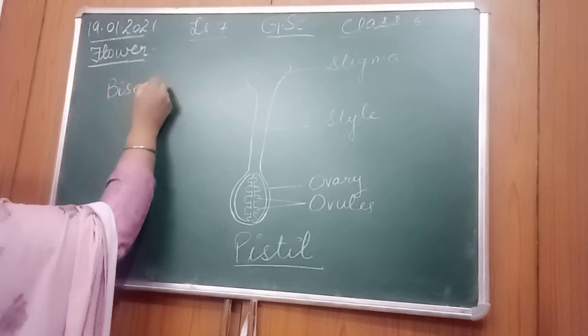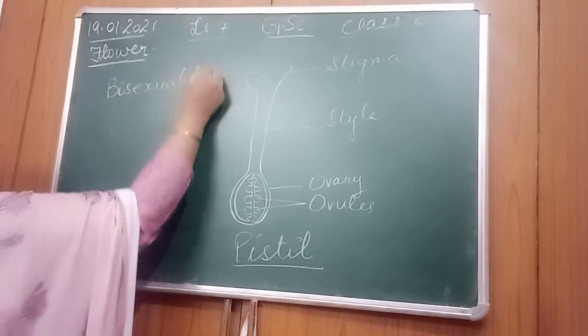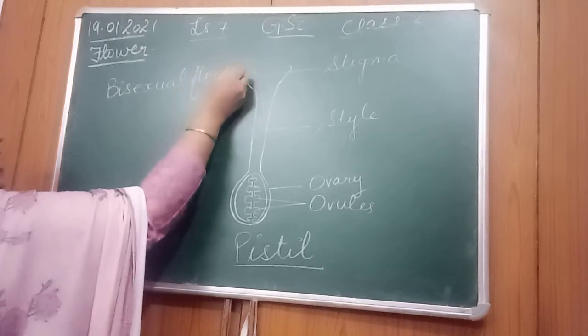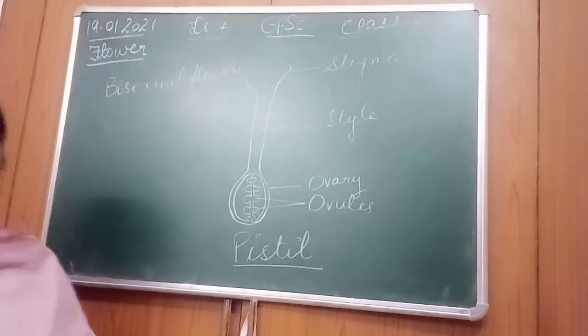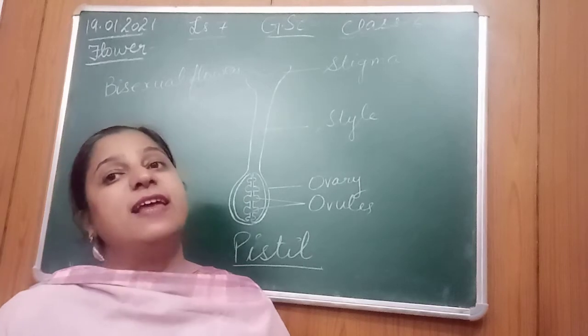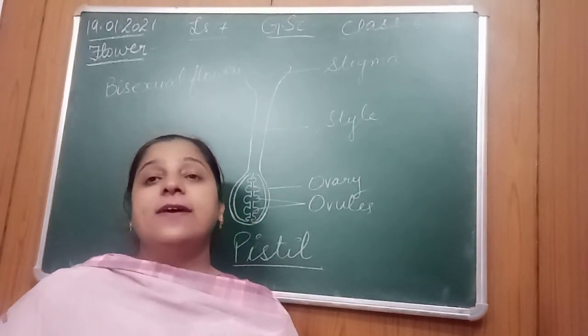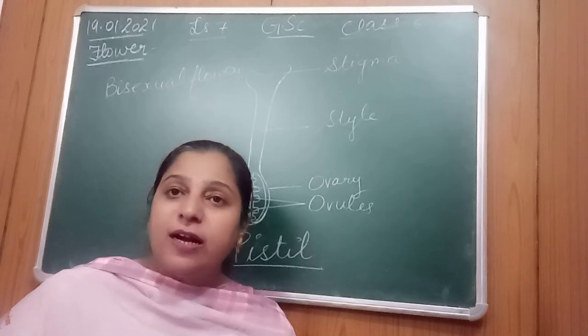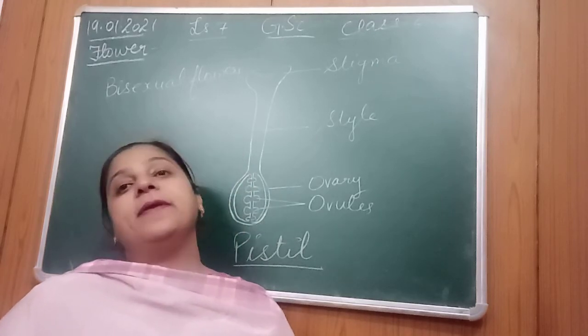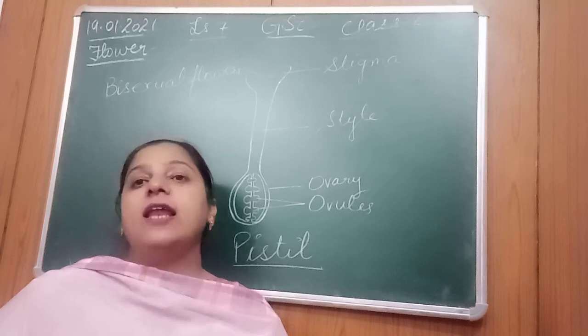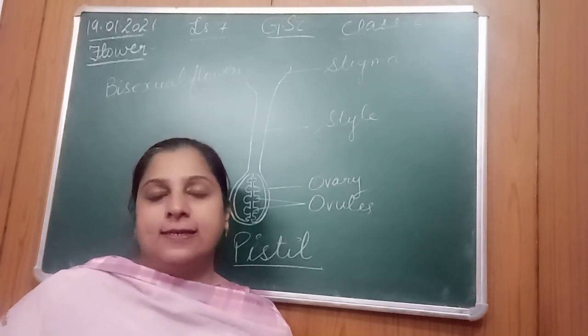Bisexual flowers. What are bisexual flowers? Those flowers which have both pistil as well as stamen. Or you can say those flowers which have male reproductive part as well as female reproductive part. For example, China rose, hibiscus, right?